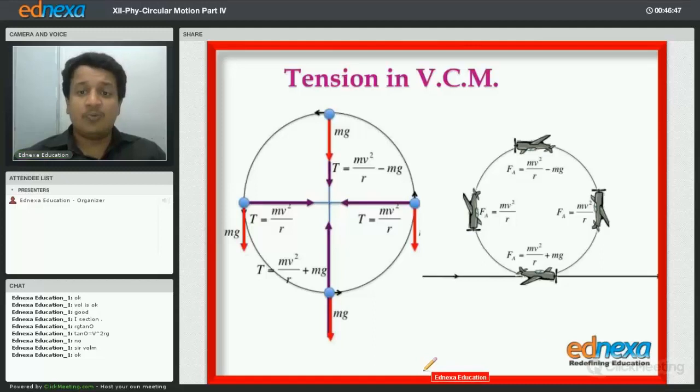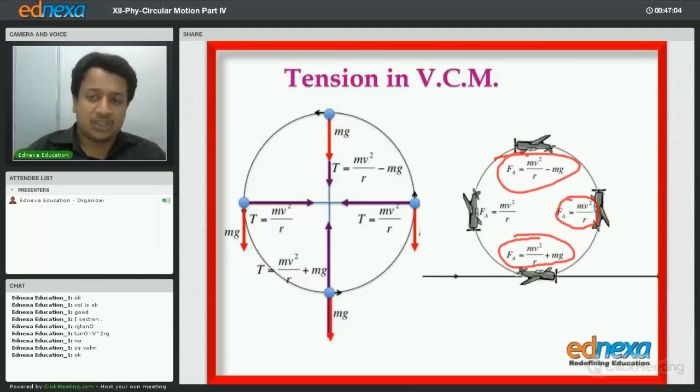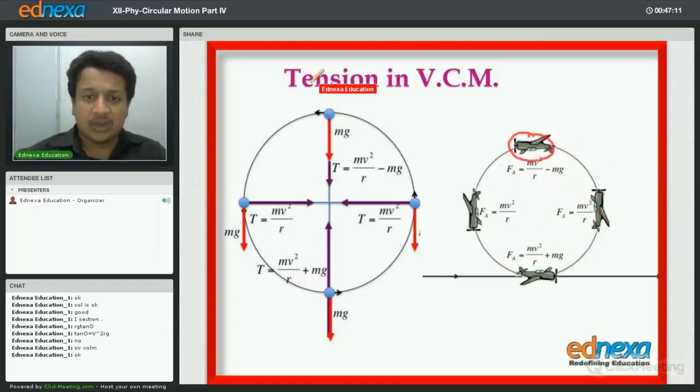Okay. So let's work on tension. Already we discussed this formula and this formula. Is it right? Over here the angle is 90 degrees, and cos 90 is 0. So the mg cos theta term will vanish and tension equals only the centripetal force. But now work with tension at the topmost point.